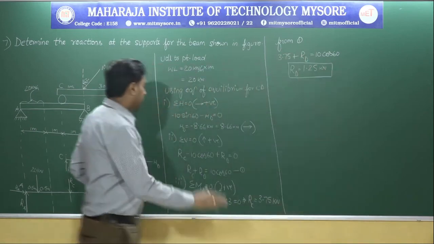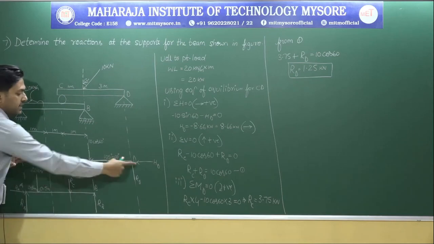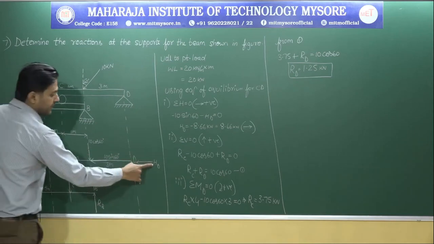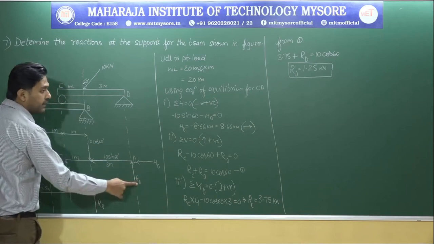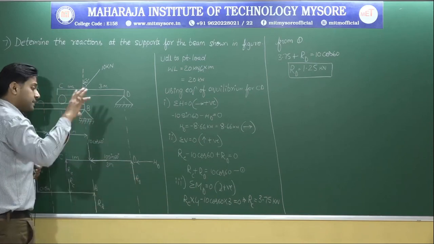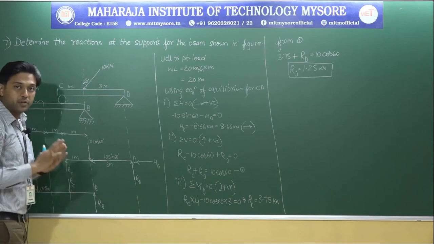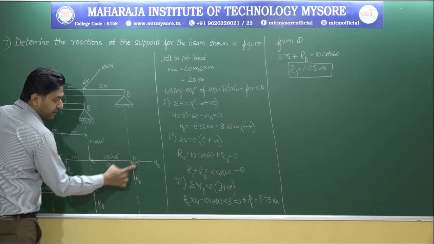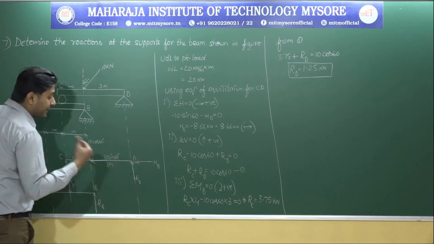So now for this particular beam CD, we have calculated RC, we have calculated HD, we have calculated RD. But in the previous classes I have told you people, yes or no? Whenever at a support you are having two values, you need to calculate the resultant.